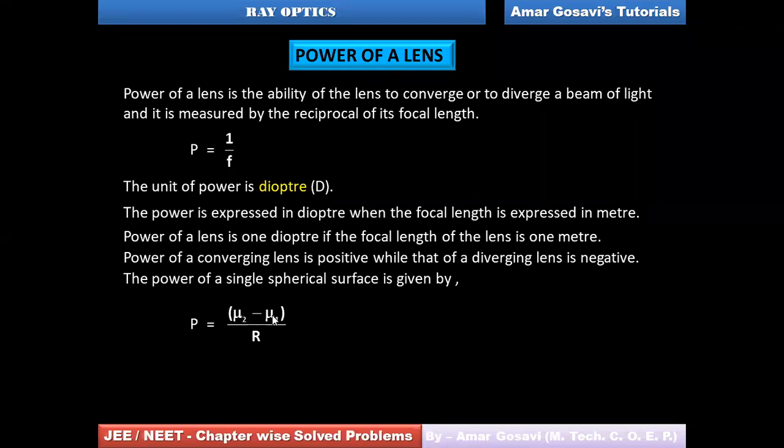Whereas mu2 stands for the refractive index of the lens, and mu1 stands for the refractive index of the medium in which the lens is placed. That medium can be either water or air, depending upon the situation. Please make a note of this and then let me know before we move ahead.